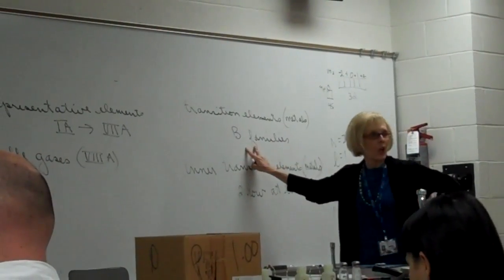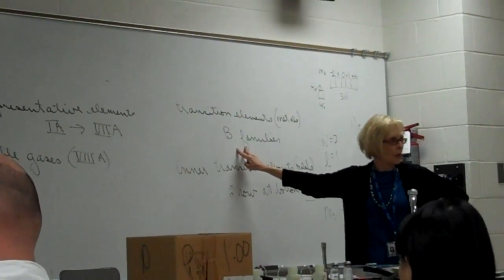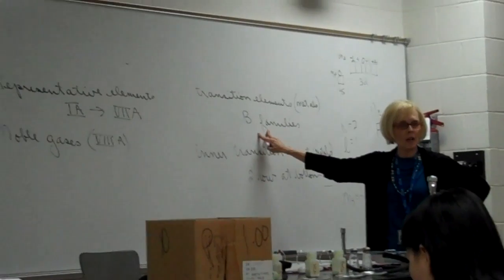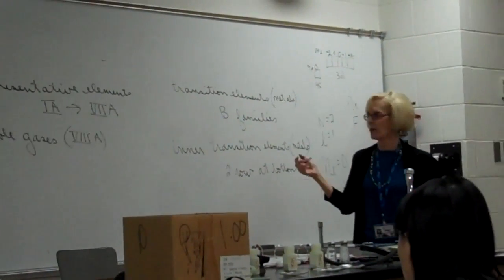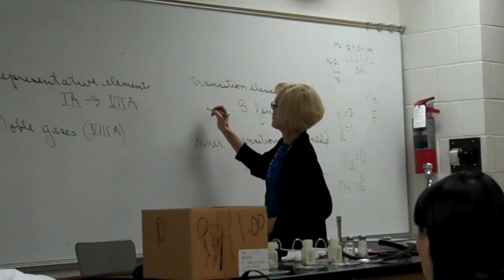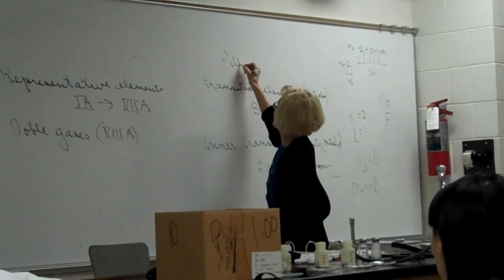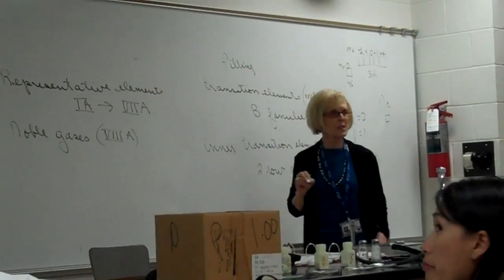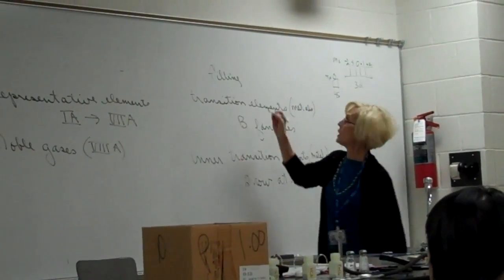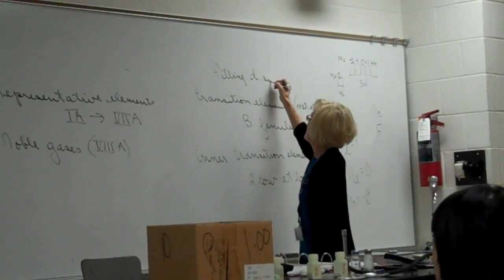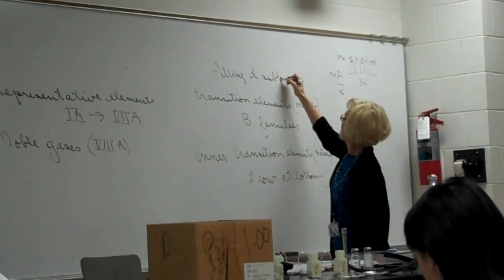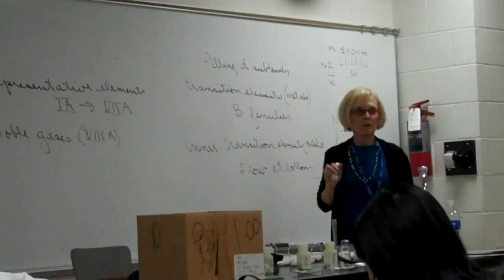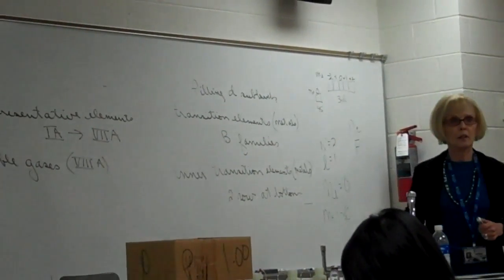Now, when you think about electron configuration, if you have a B family element, or now called a transition element, if you were doing electron configurations, when you end up, we're filling what kind of sublevels? D. We're filling D sublevels. Okay. What was that, Brittany? L equals 2.